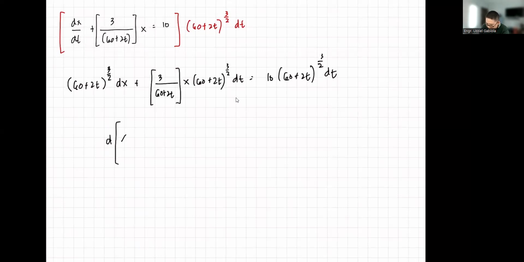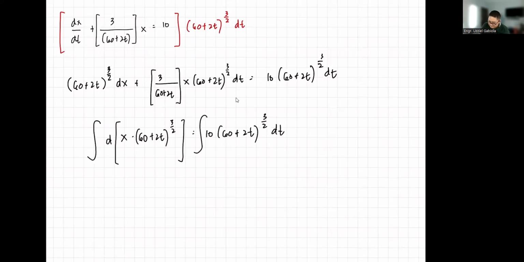Pero exact differential niya will be, ayan. Okay? Is equals to 10, 60 plus 2t raised to 3 halves dt. Integrate. So we have x times 60 plus 2t raised to 3 halves is equals to, so paano to i-integrate? So u du dapat, no?